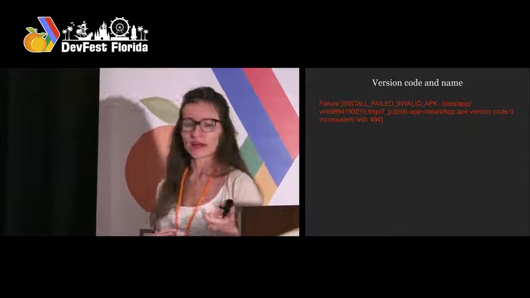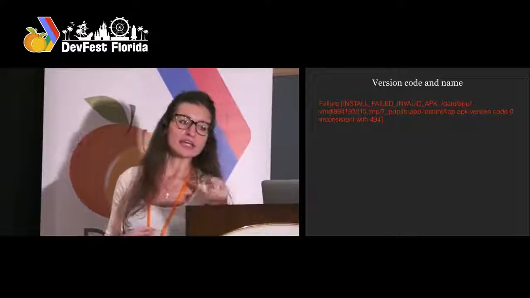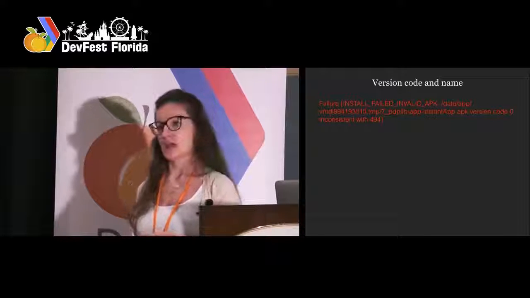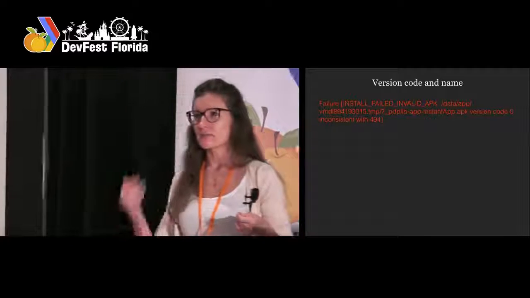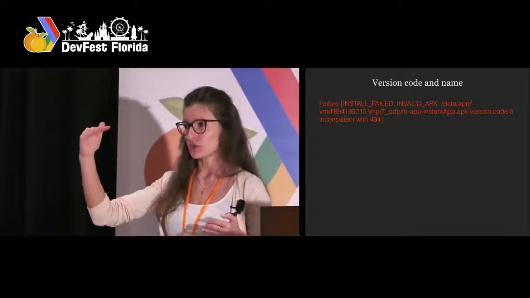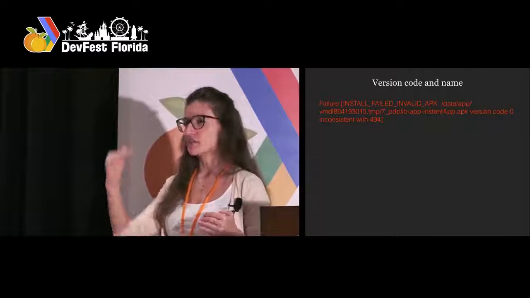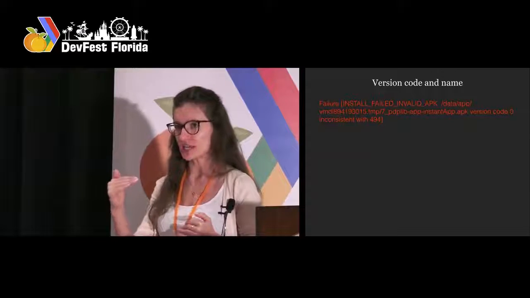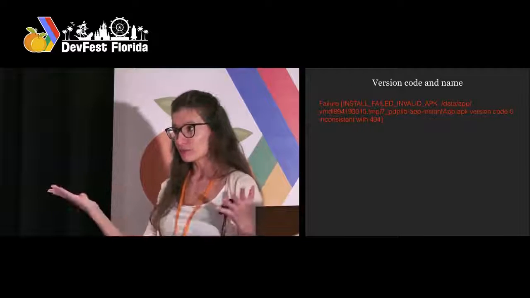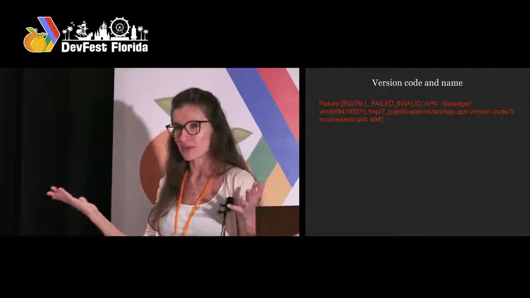If we look closer at the error, it tells us that the PDP module of Instant App is mentioned, right? Okay, but why is that? PDP module is our feature module. It depends on the base module. If it depends on the base module, it should be able to pull the version code and version name from the base module, right? Makes sense. This is what we've seen from the diagram before.